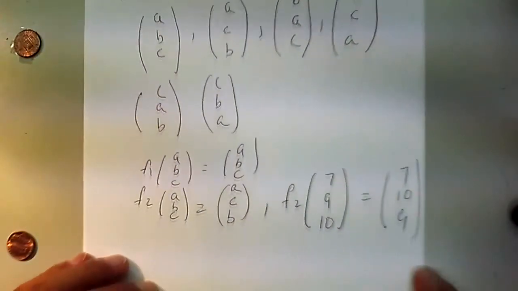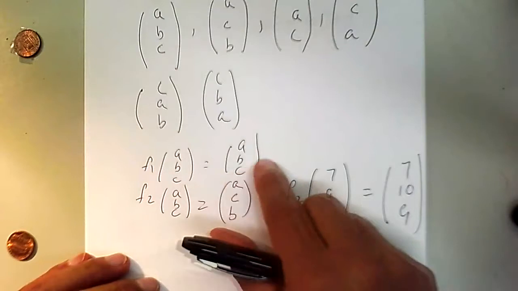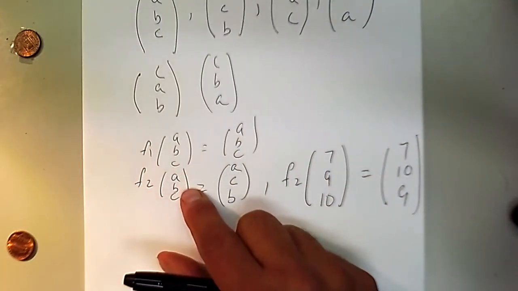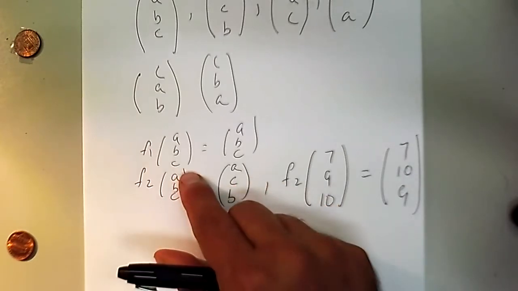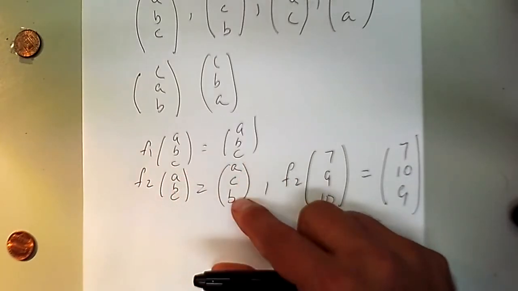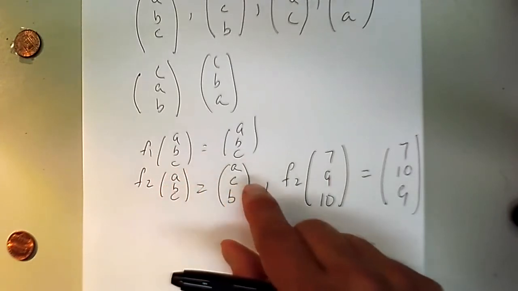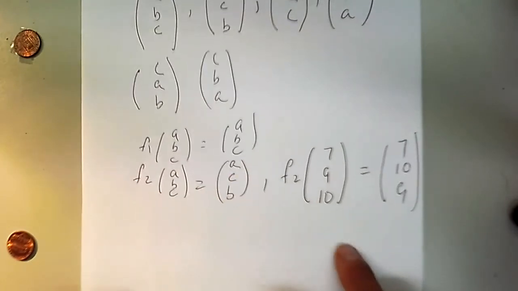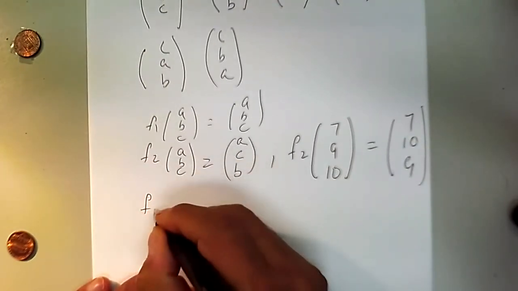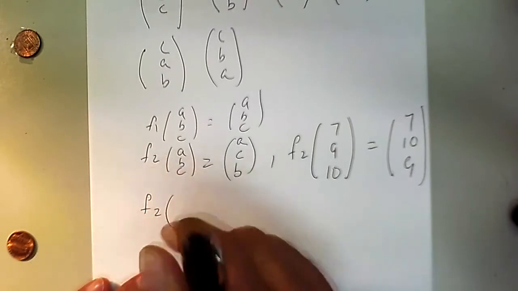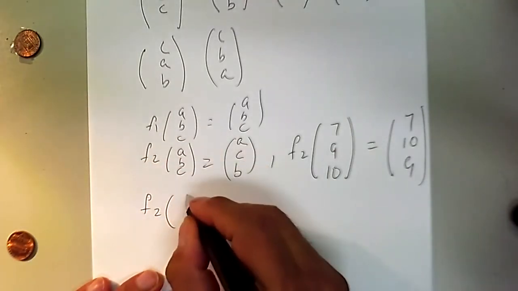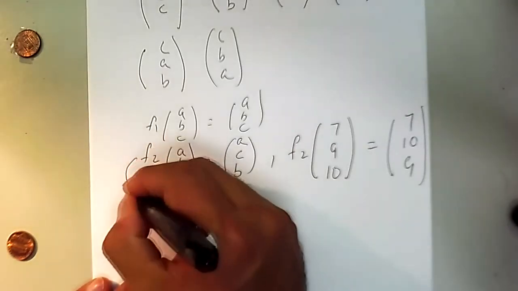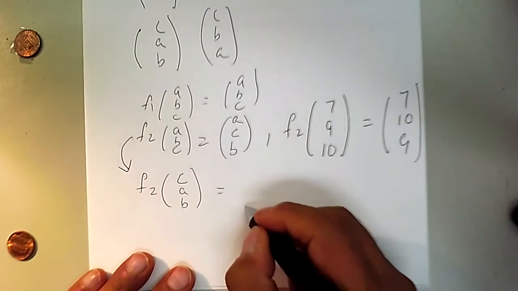So when we say that F1 of ABC equals ABC, or this one, BC changes into ACB, we are not saying that the letters are the ones that change, but the position, whoever is in that position. So, even better, F2. Once we establish that, what is F2 of CAB? From here to here, what is the answer?